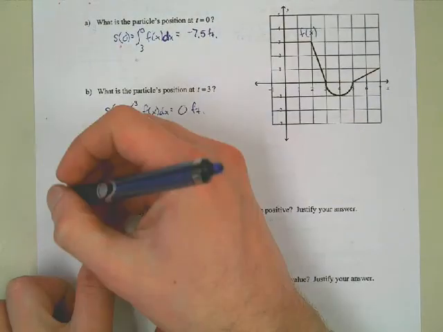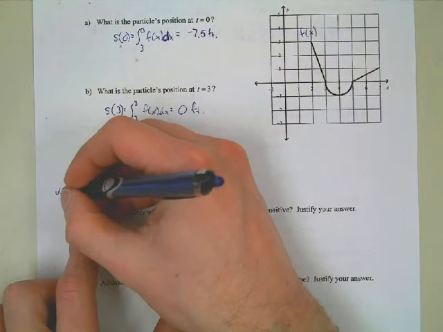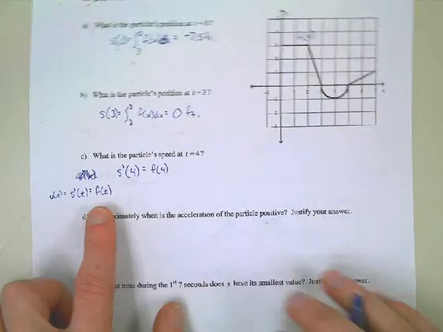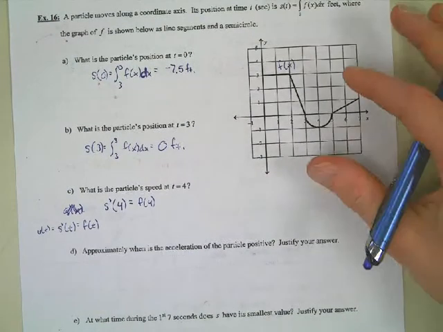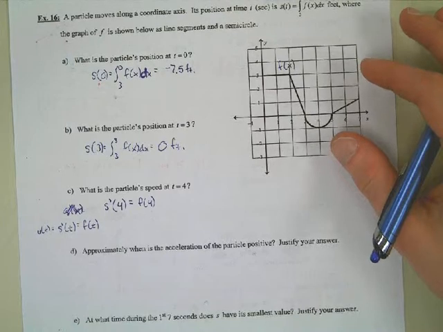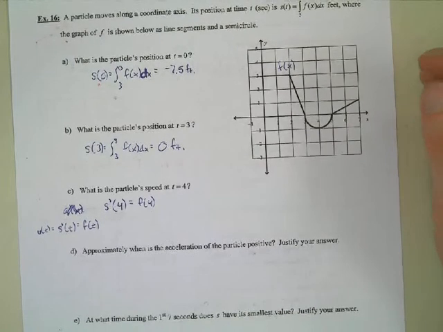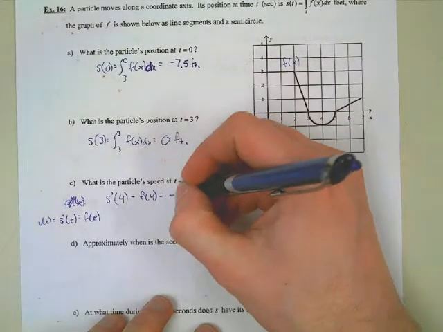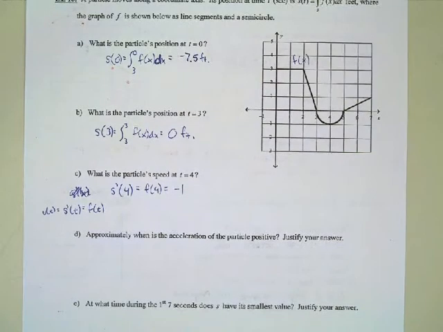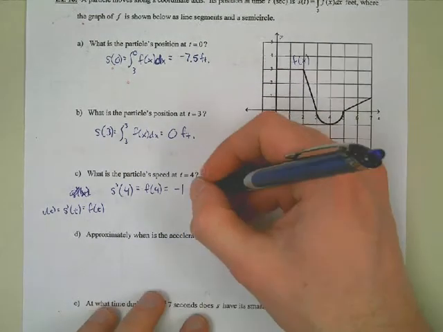So the function that we have right now essentially is the velocity. I want to evaluate it at 4. What is the value at 4? Negative 1. What would our units be? Feet per second. That's the velocity, negative 1.